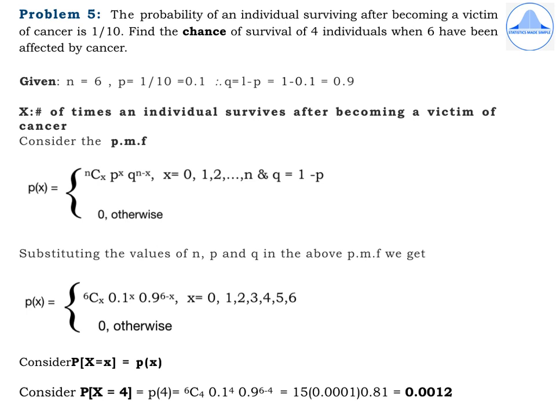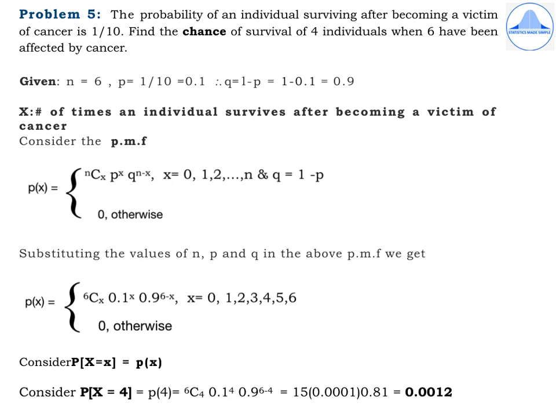Now the question is to find the chance of survival of 4 individuals when 6 have been affected by cancer. When they say find the chance, it means we should find the probability. So start with the general formula. Consider probability of capital X equal to small x is equal to small p of x.